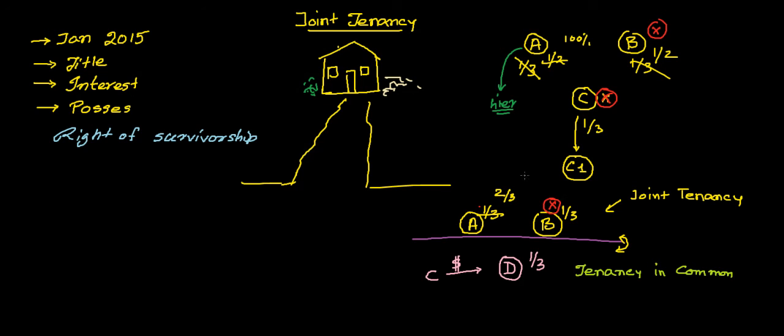Now if A dies, then the heir of A, let's say A1, is going to be the owner of 2/3. Whereas D will always have an heir, D1, because this is tenancy in common, which by definition can have heirs. Okay, so this is how joint tenancy works in New Jersey.